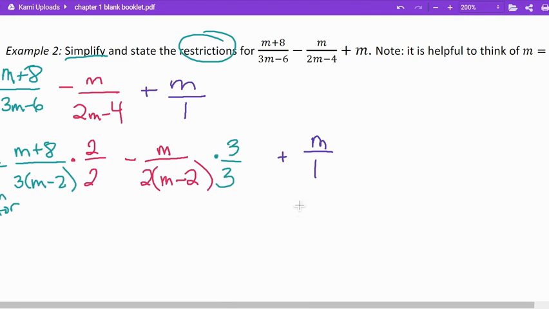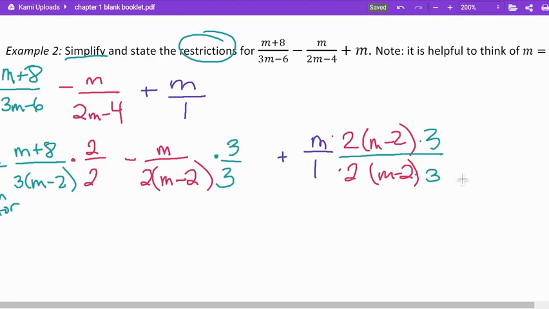And the purple one is missing a lot, right? It's missing a 2, an m minus 2, and a 3. Can you change the order? Absolutely. Does this look confusing?